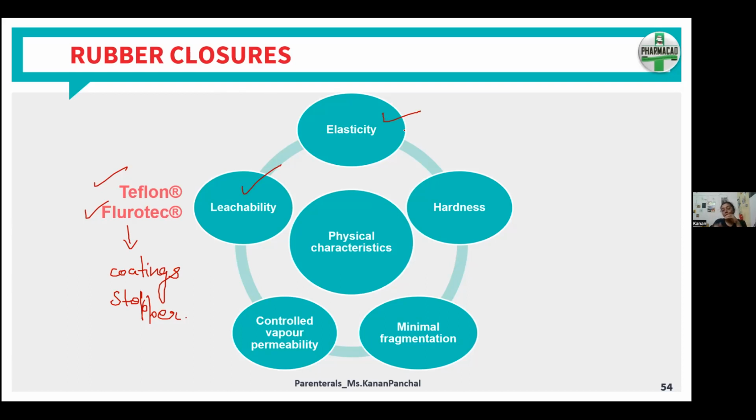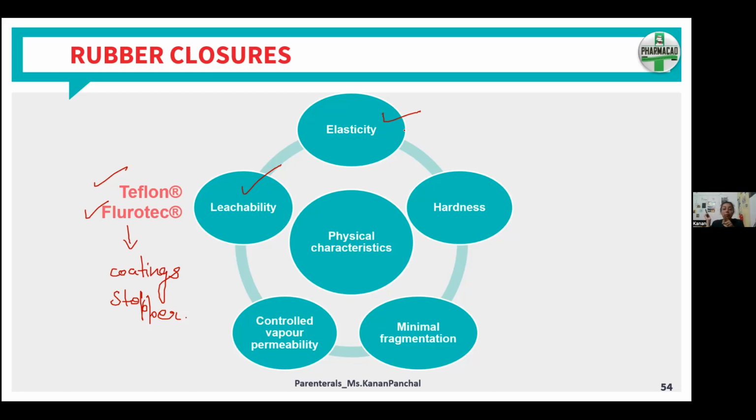Because we are going to pierce the rubber stopper with the syringe or with the needle. In case of multi-dose vials, we pierce the rubber stopper with the needle. And when we remove it, because of its elasticity property, it should again close that pore.